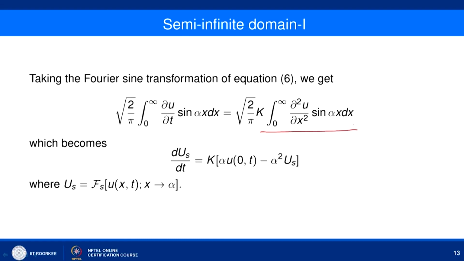Now we have this value available for us, and we can write dus/dt, where us is given as root 2 upon pi, integral from 0 to infinity of u(x,t) sin αx dx.